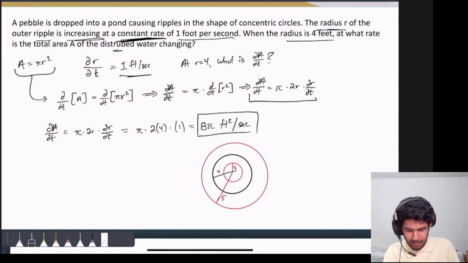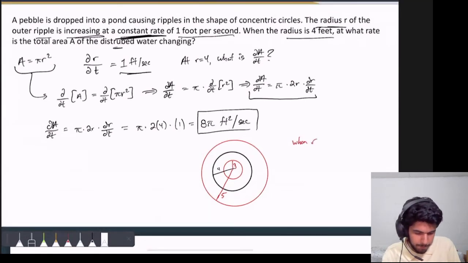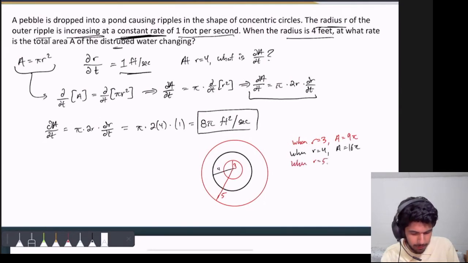So when the radius is 3, the area is simply 9 pi, pi r squared. Then similarly, when r equals 4, area equals 16 pi. And then when r equals 5, area equals 25 pi.